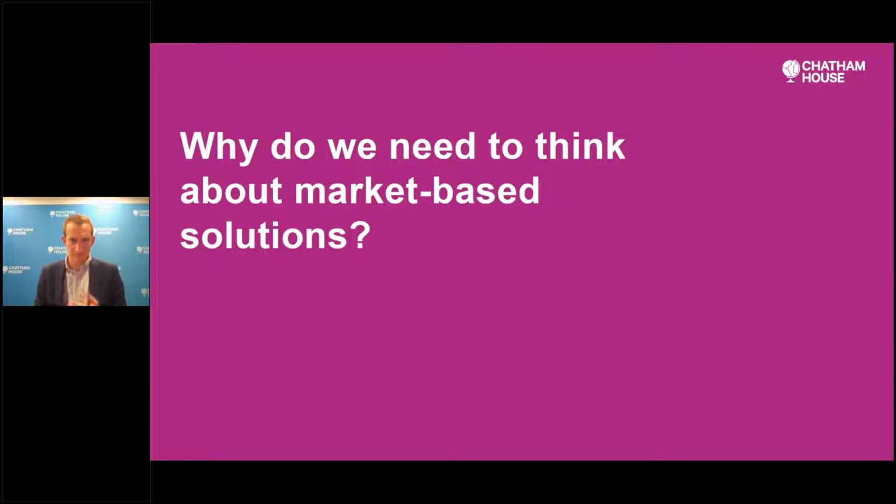Next, Renisha. Yes, so why do we need to think about market-based solutions? I mean, Ivona has already touched on this, but I'm going to give you three very quick, but I think very important reasons. So firstly, the status quo isn't working.